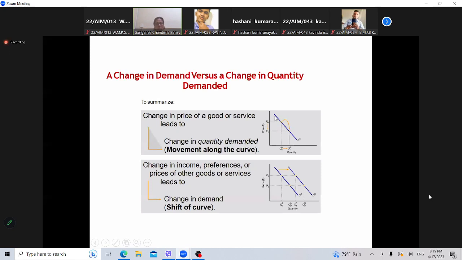That means moving along the demand curve. But other factors, maybe income, preferences, or prices of other goods or services lead to shift of the demand curve. If we consider the price only, the change is along the curve. But if we consider other factors except price, it shifts from one place to another.